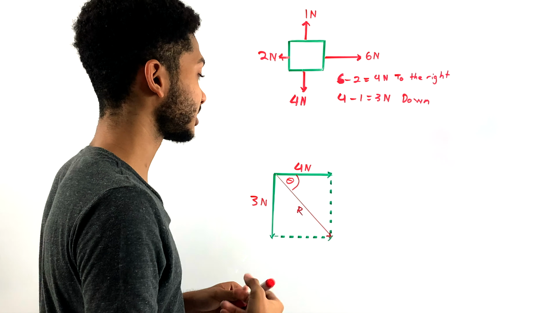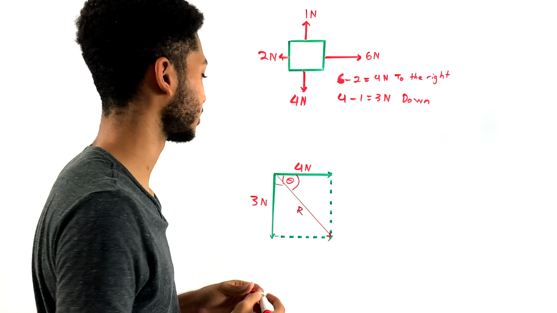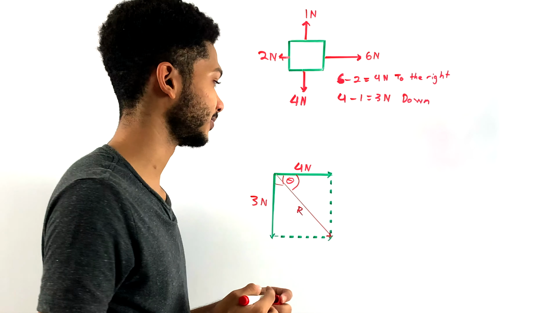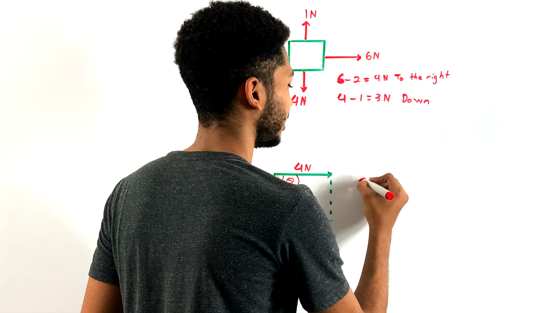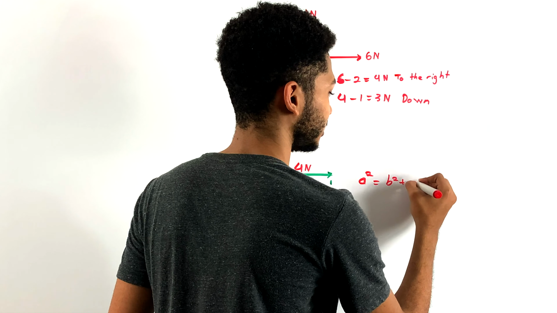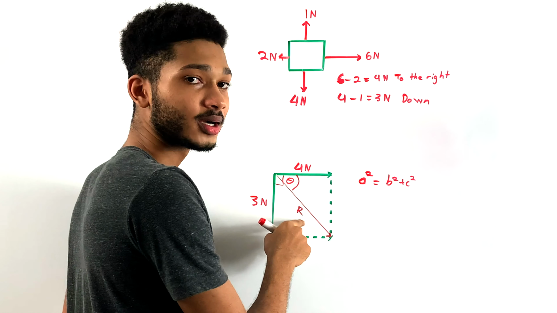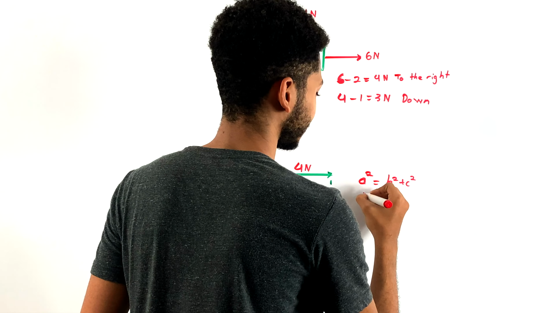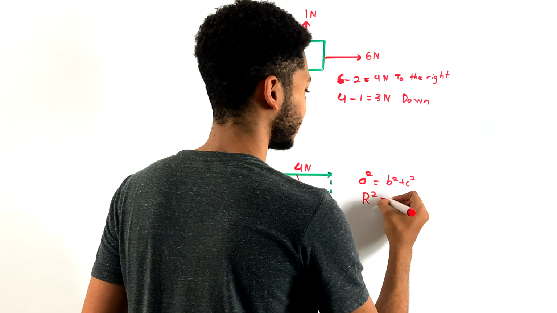And seeing as this is a right angle, because it's a perpendicular vector, we can use Pythagoras' theorem. As Pythagoras' theorem states, a squared equals b squared plus c squared. In this case, R will be a, and these will be b and c.